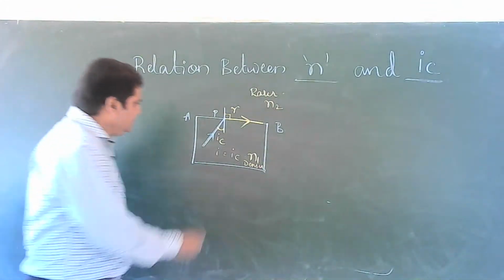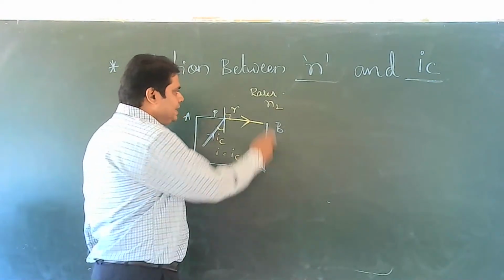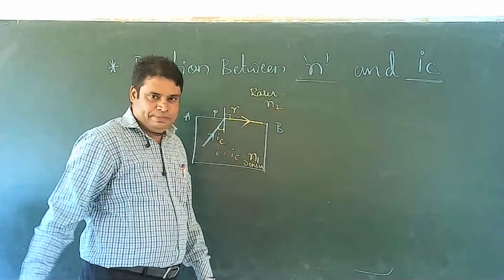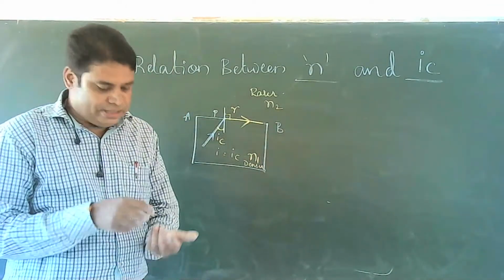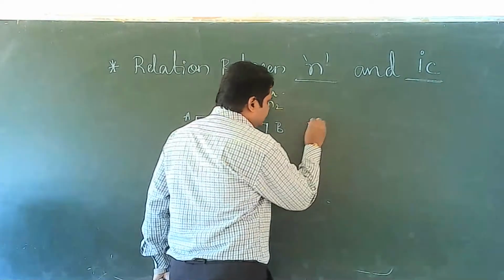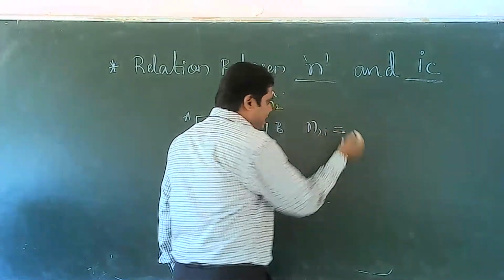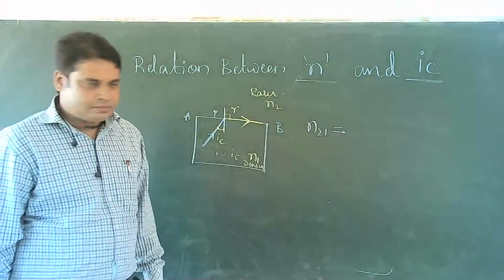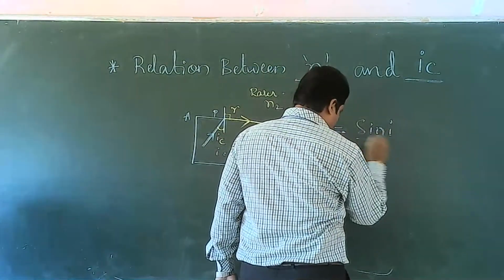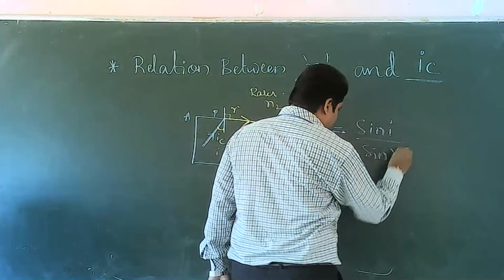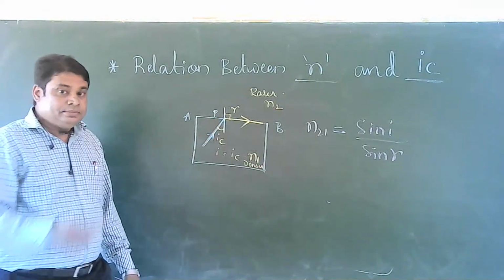To derive the relation, refractive index of second medium with respect to first medium is written as N21. N21 is equal to sin I divided by sin R.